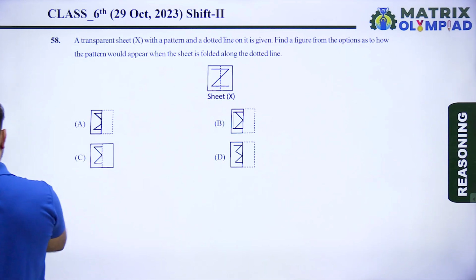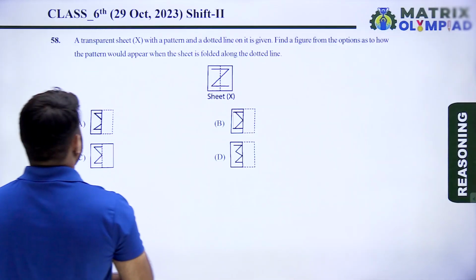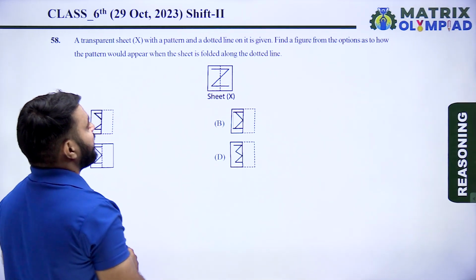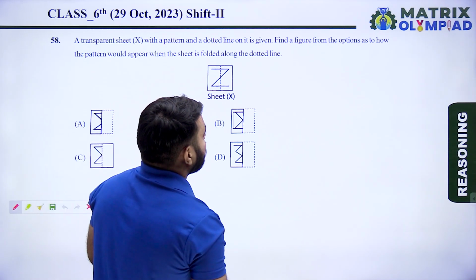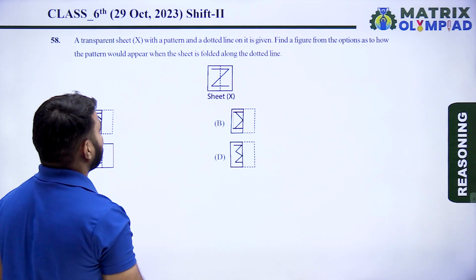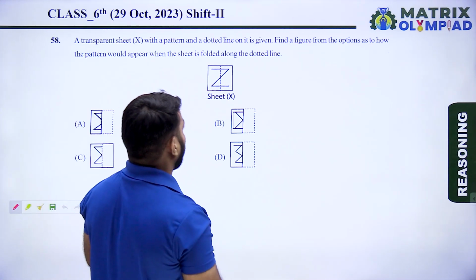So next question is question number 58. A transparent sheet X with a pattern and a dotted line on it is given. Find a figure from the options as to how the pattern would appear when the sheet is folded along the dotted line.